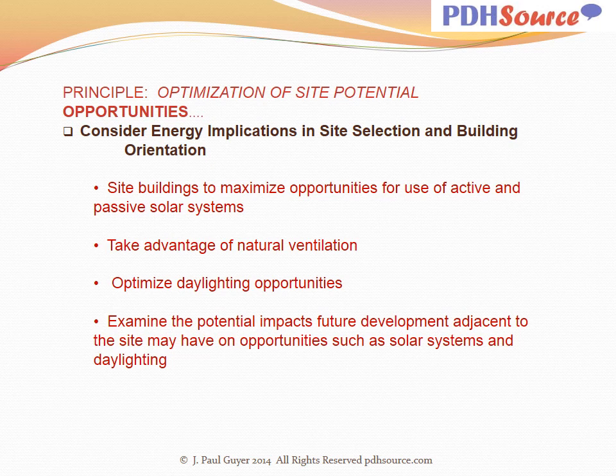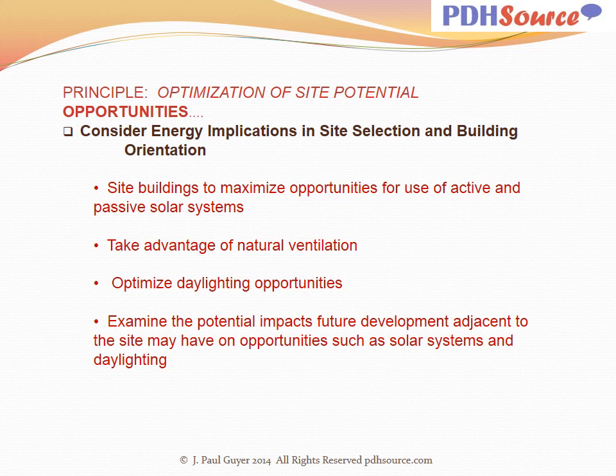Similarly, perhaps your site has some prevailing winds, like the area that I live in California, which has a natural afternoon breeze that comes up from the Sacramento-San Joaquin Delta, and very nicely cools off the area where I live in the evenings.